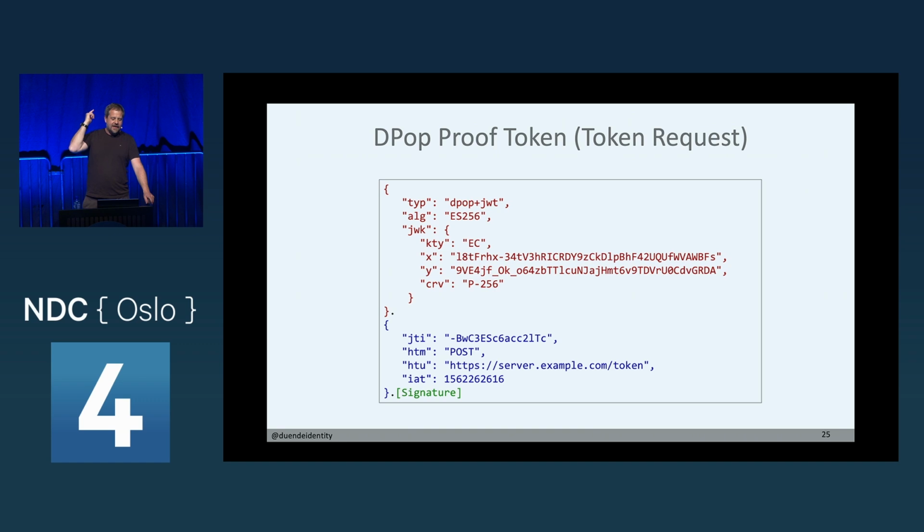And then they're adding an iat claim, which tells you how old the proof token is. Proof tokens should be very short-lived, like a minute, maybe. And the JTI claim is a unique token identifier. So we are sacrificing some of the security by only signing parts of the request, but on the other hand, the recipient is forced to maintain a replay cache.